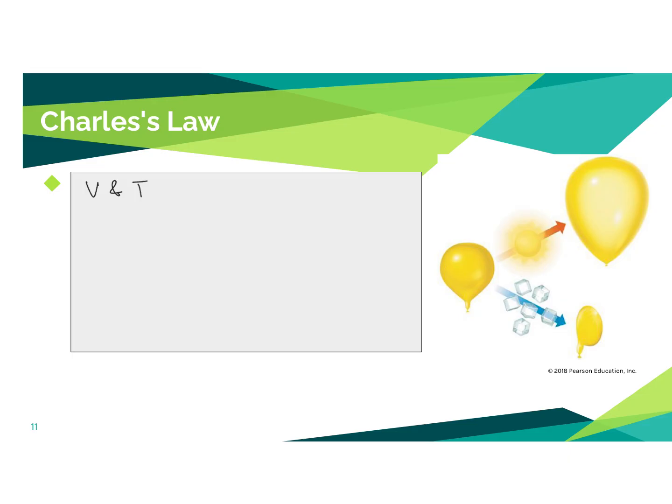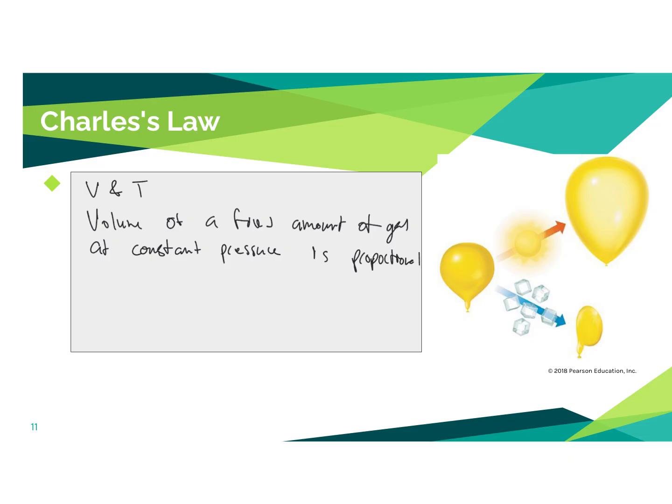In this case, we're looking at volume and temperature, and this says the volume of a fixed amount of gas at a constant pressure is proportional to its absolute temperature, right? So what we're saying here is that volume is proportional to temperature.